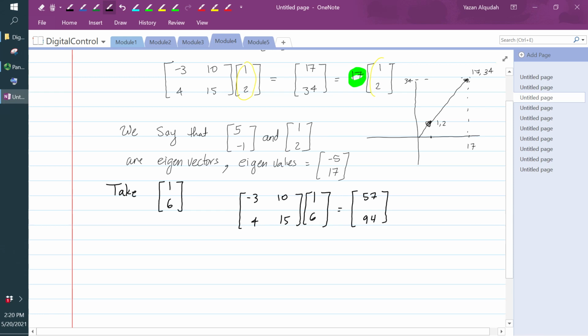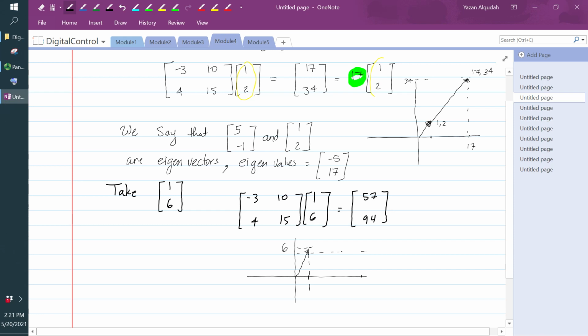Now you can see that if I do this transformation to this vector, the original vector was at 1 and 6. So this is my original vector. Then the transformed vector is going to be at 57 and at 94.